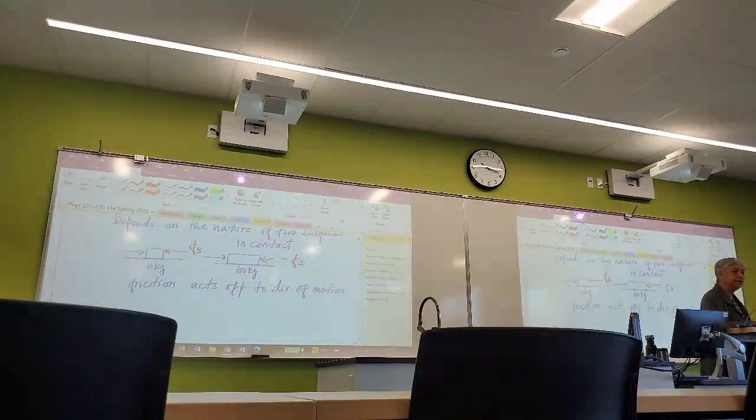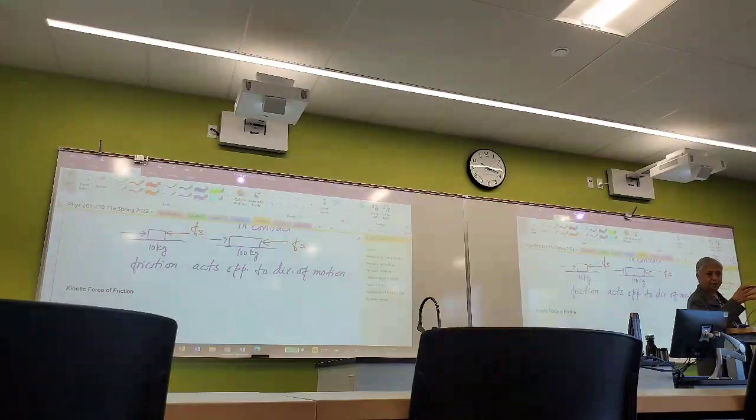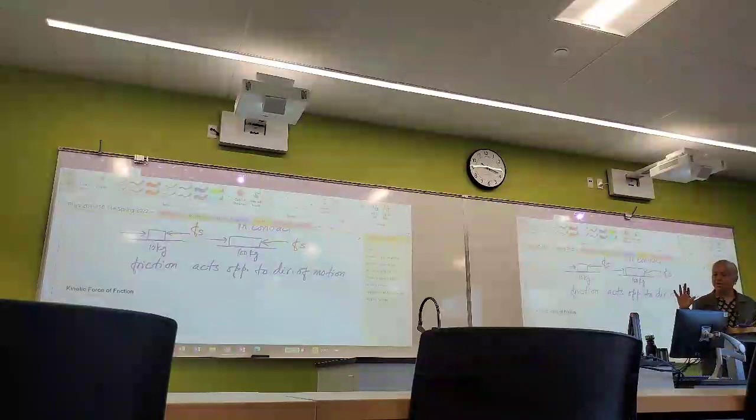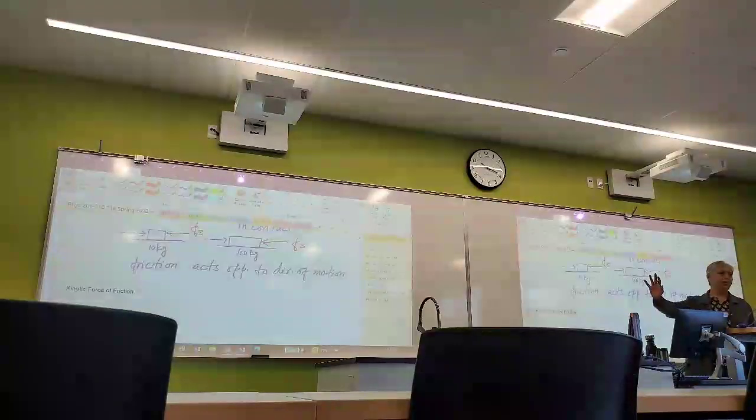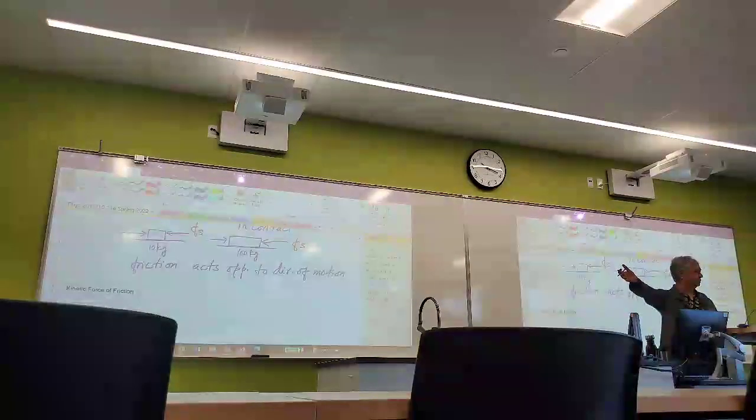People usually say it's very hard to make an object move, but once it moves, it's much easier to keep it going. Is that true? If that is true, then with the static force of friction, once you are applying a force and the object is not moving, you keep increasing and it just starts to move.